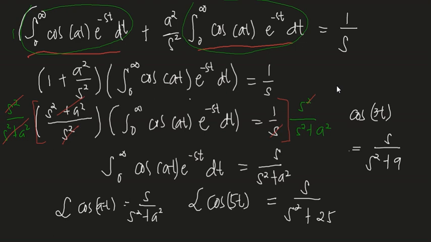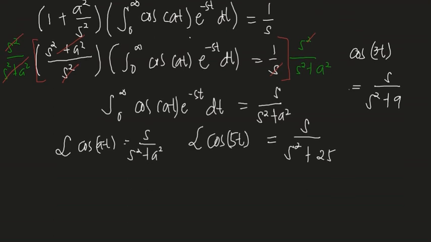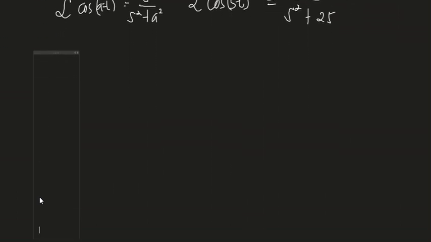Another trigonometric function is the sine function. For the sine function, we are going to find its formula for the Laplace transform. For the sine function, our f of t will be equal to sine at.